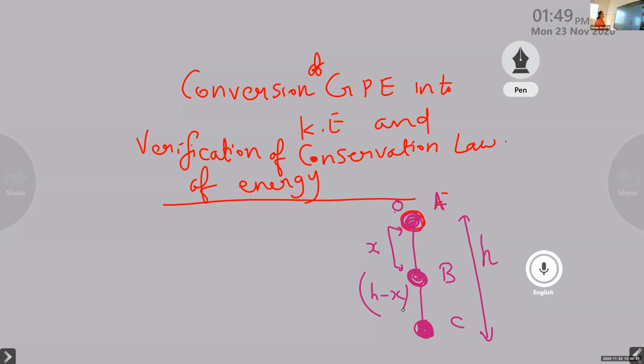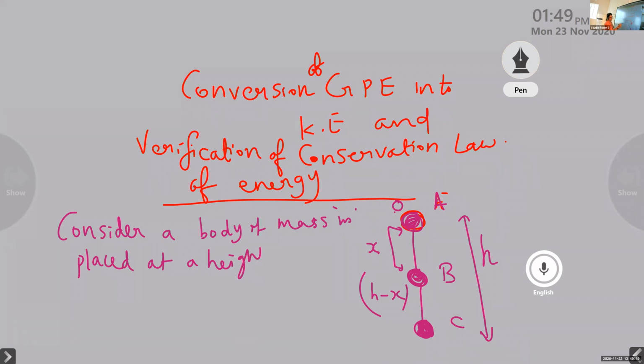So you can write it. Consider a body of mass M placed at a height H, having gravitational potential energy GPE equal to mgh.